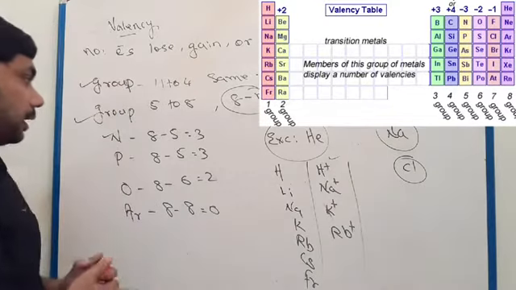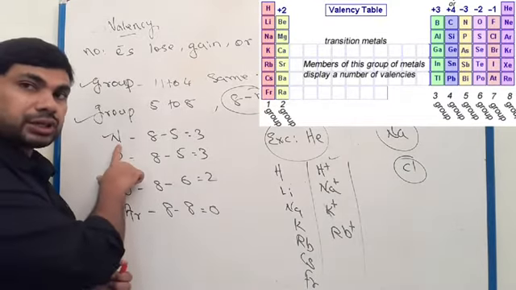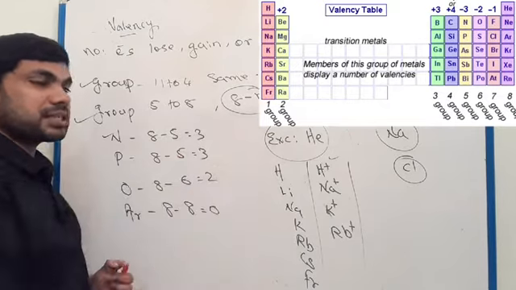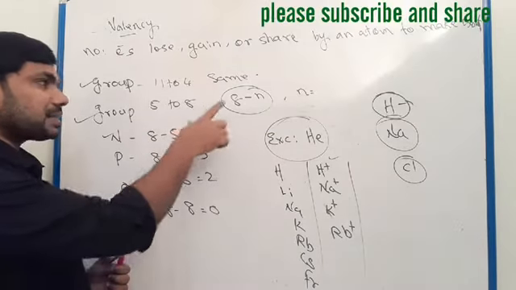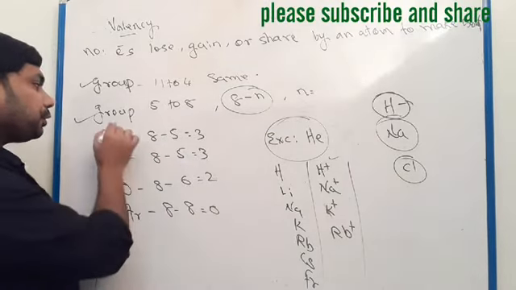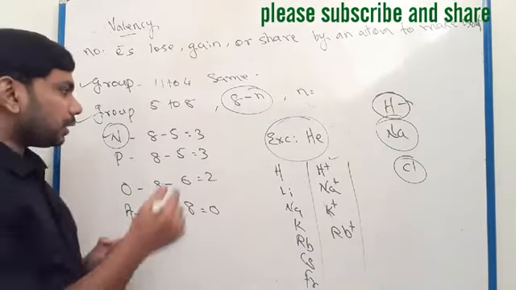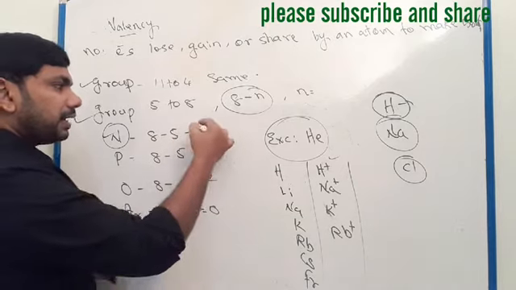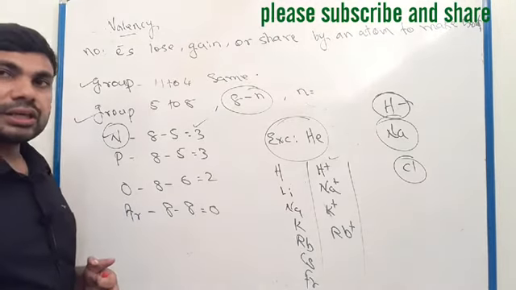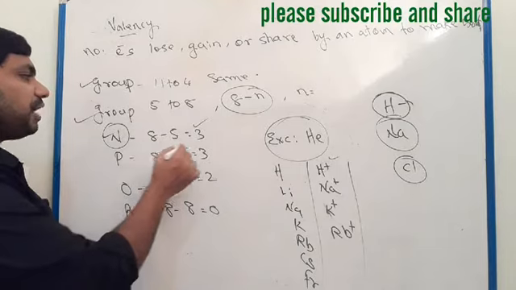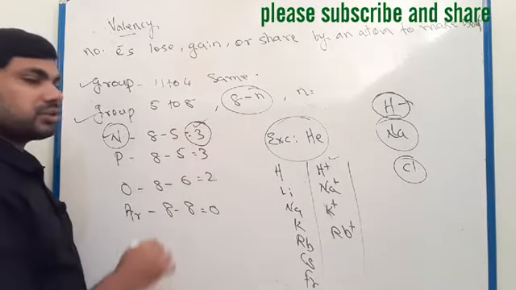For example, you want to find the valency of nitrogen. So this is the equation, 8 minus n. Nitrogen, which group? You can check the periodic table. Nitrogen is group 5. So 8 minus 5, the valency of nitrogen is 3.